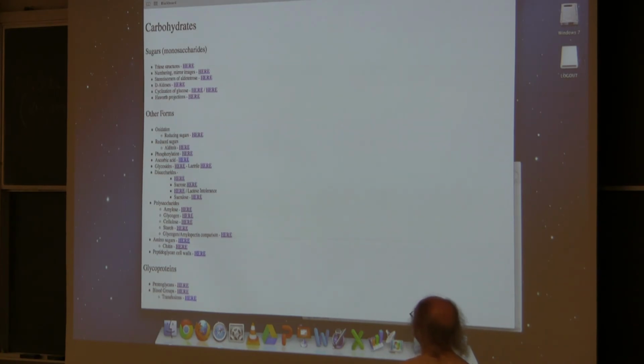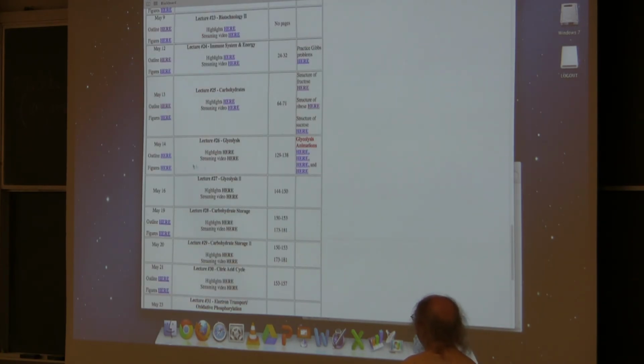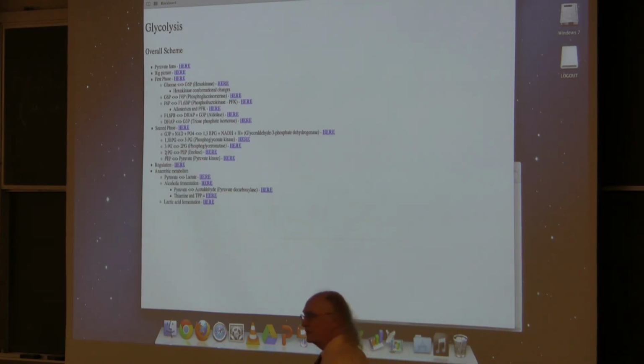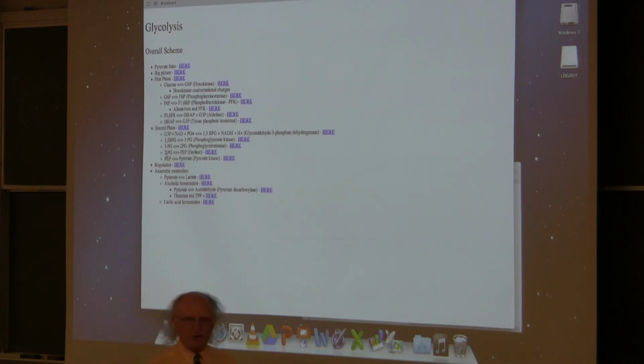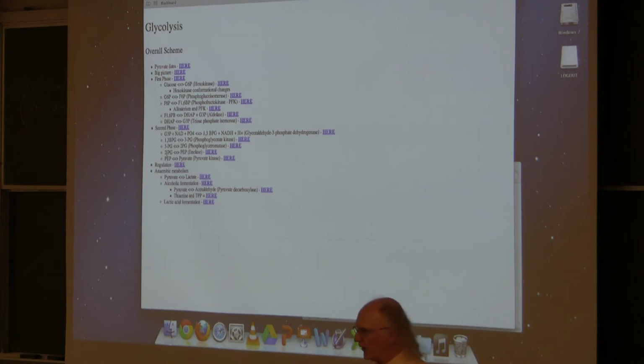Okay. Now you've learned your sugars. Right? All right. To me, we're getting to the most interesting part of the term. Okay? I love talking about metabolism. I really love talking about metabolism. Because it's with metabolism that I find talking to students, they say, wow, this is why biochemistry is cool. And most students tell me they come into metabolism going, oh my God, I'm going to have to learn all these pathways.